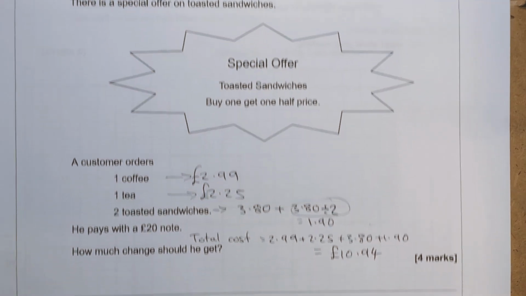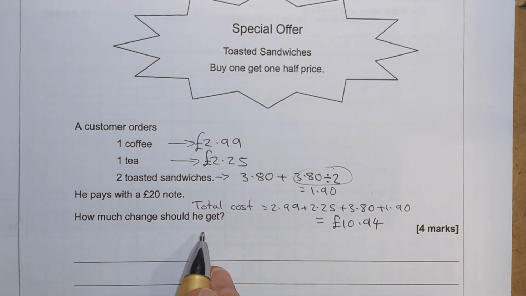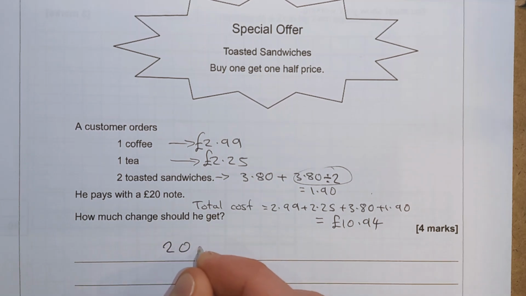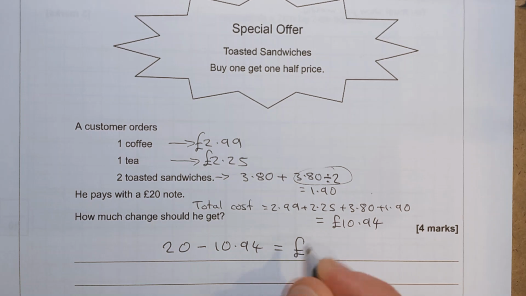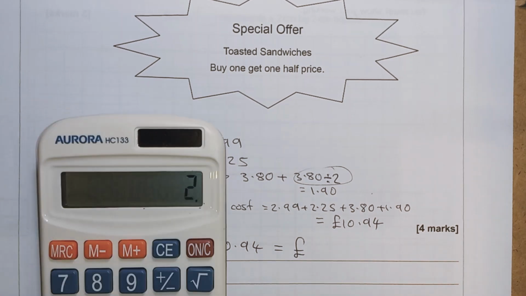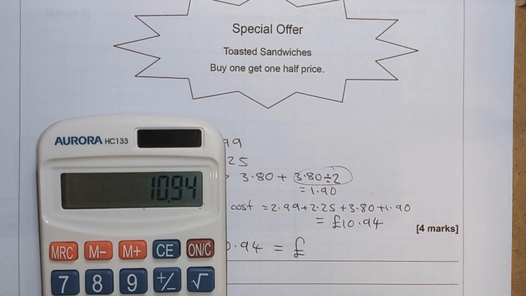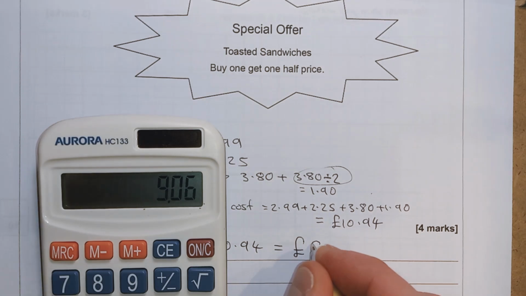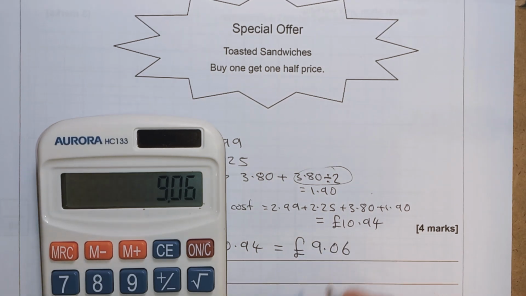But don't stop there, because what they've asked us is how much change he should get from a £20 note. So starts with £20, spends £10.94. That's going to leave us with £9.06.